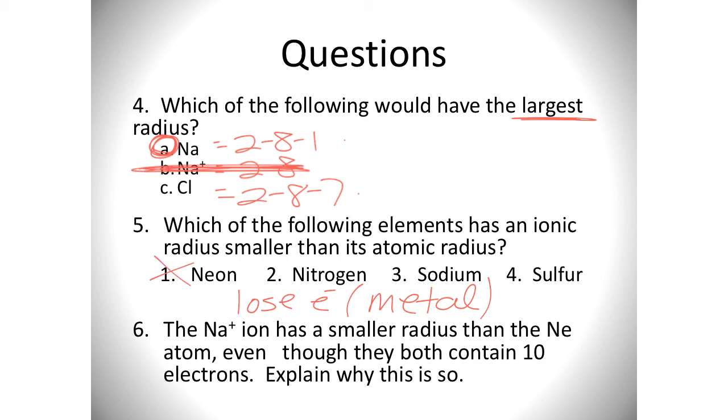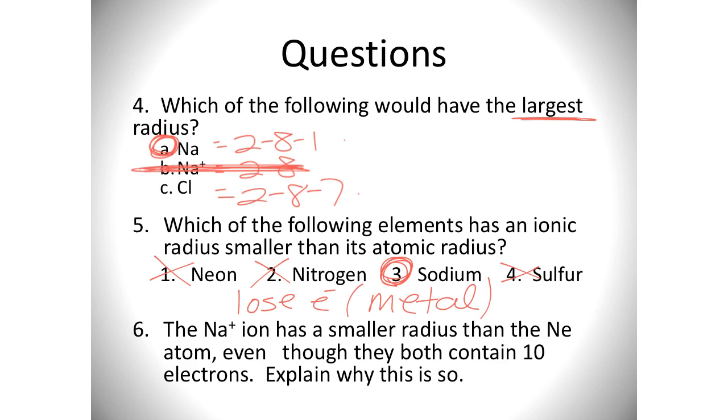It's already got 8 valence electrons, so it's not going to form an ion, or at least readily form an ion. Nitrogen has 5 valence electrons, so it will gain, so that will get larger. Sodium has 1 valence electron, so that will lose to get smaller, so that's going to be our answer. Sulfur would have 6 valence electrons, so that will gain 2 to get to 8, so that would get larger too.